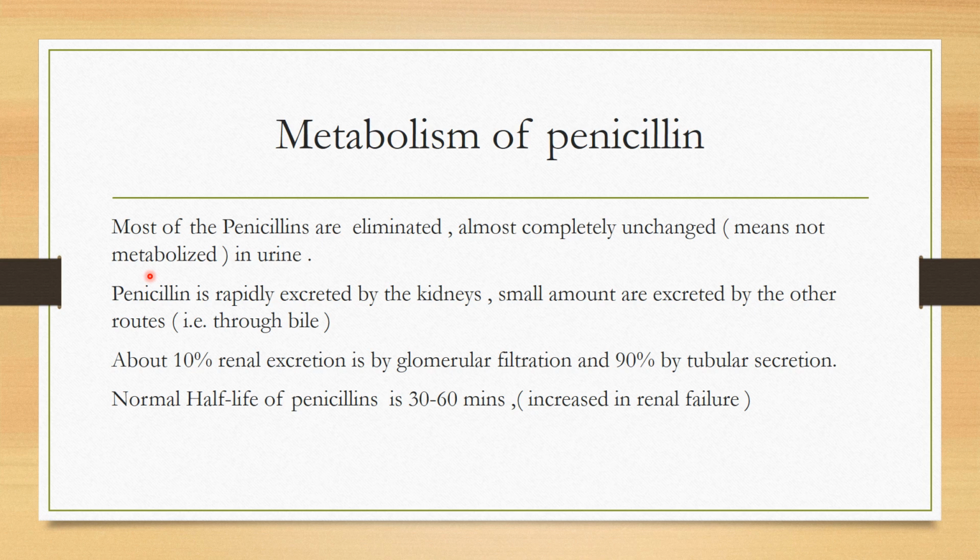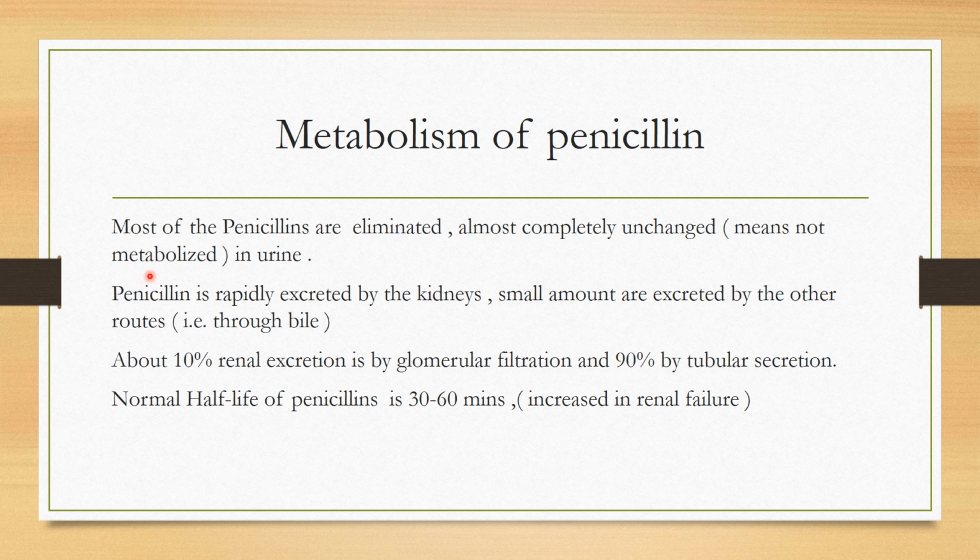During the metabolism we had studied that there are two types of reactions, phase 1 and phase 2 reactions. During these reactions, different changes are made in the structure of a drug so that it becomes more polar and readily excreted from the body.